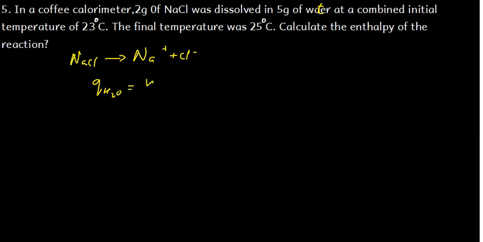So heat of the water is given by mc delta theta. The mass of the water has been given as 5 grams. The specific heat capacity for water is a constant value, 4.184 joules per gram degree Celsius. And then the change in temperature came from 23 to 25.